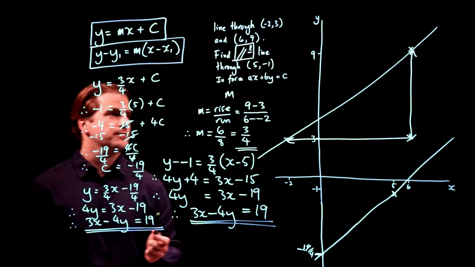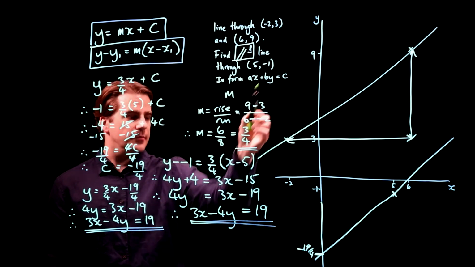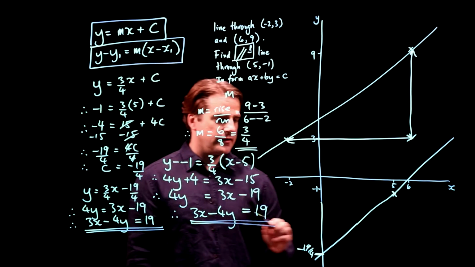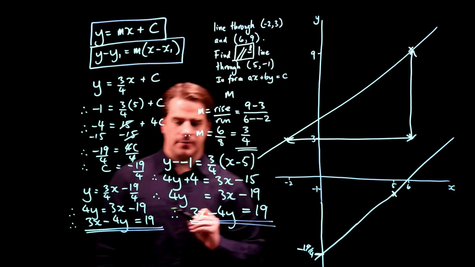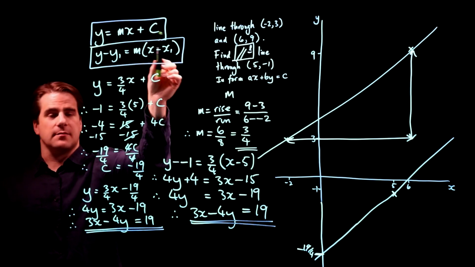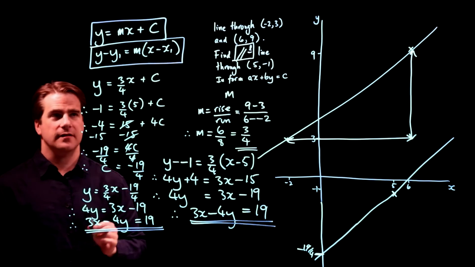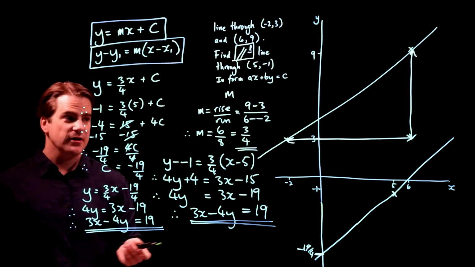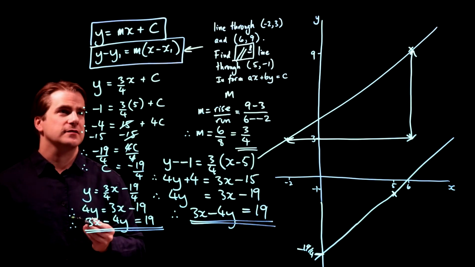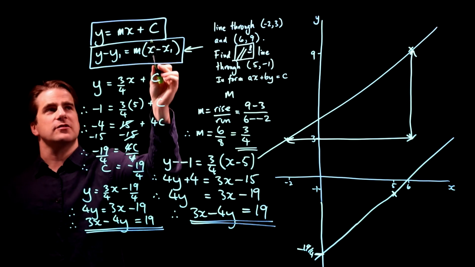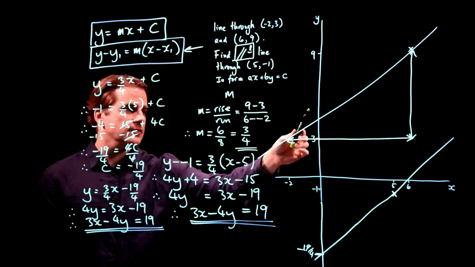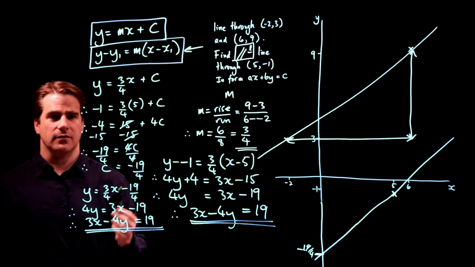So that's it. A is 3, B is -4, and C is 19. And that's the equation of this new line. It doesn't matter whether you use y is mx plus c or y minus y1 is m times x minus x1. Generally, this one is probably better because it doesn't restrict you to working out where the line crosses the y-axis, in other words c.